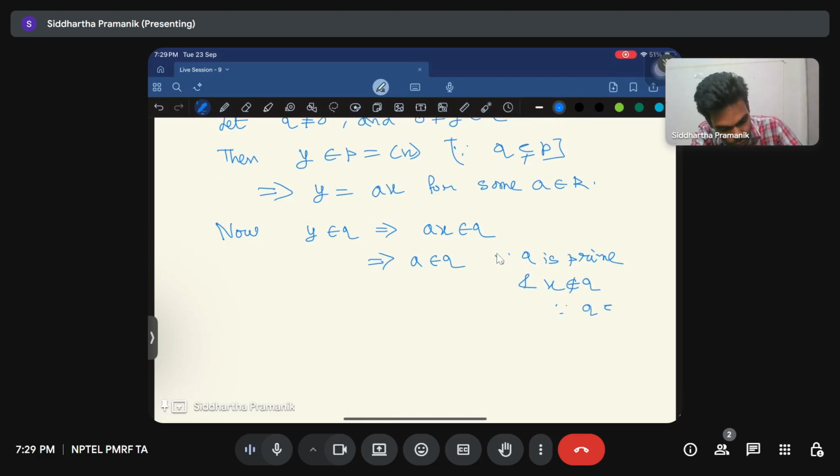Because Q is a proper subset of P, which is the ideal generated by x. So if x belongs to Q, then P will be a subset of Q, so P will be equal to Q.